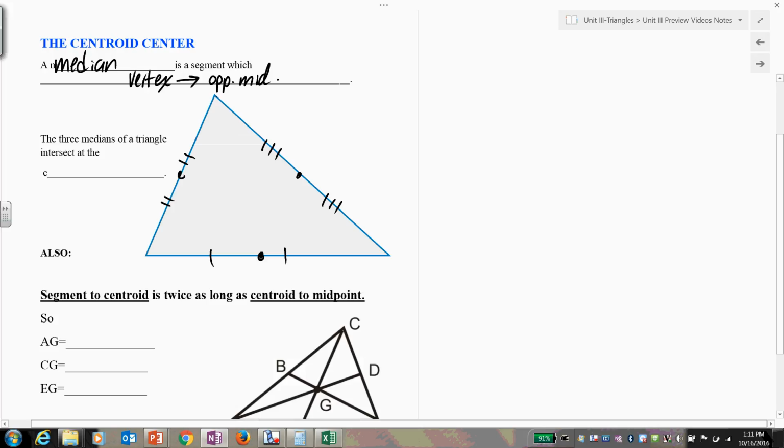Use a straight edge. Vertex to midpoint. Vertex to midpoint. Vertex to midpoint. Ready? They cross at the centroid.